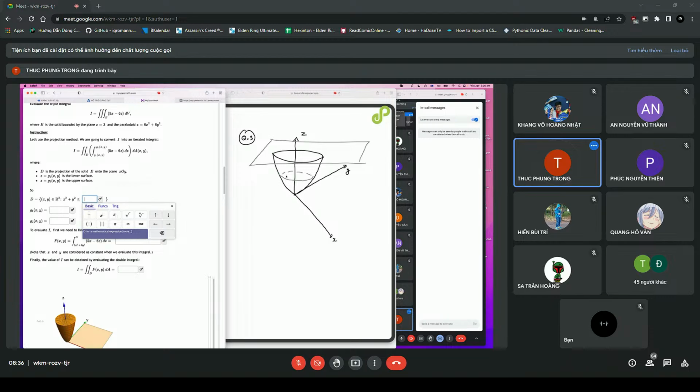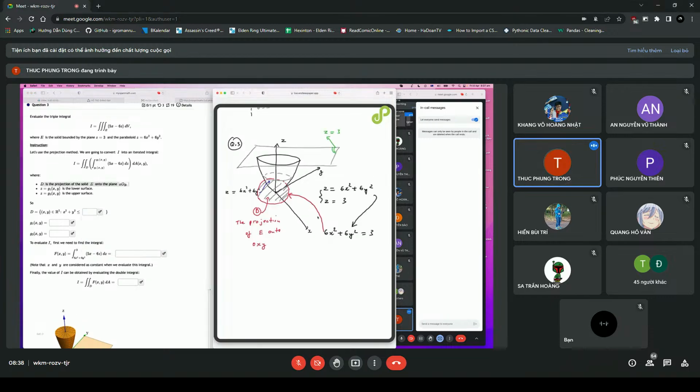Because we know the equation of the paraboloid and the equation of the plane, we only need to put them together. This is the paraboloid, this is the plane, put them together, we get this one. So the equation we see right here is exactly the equation of the boundary of the domain D. So this is only the boundary of D, and D is anything inside this.